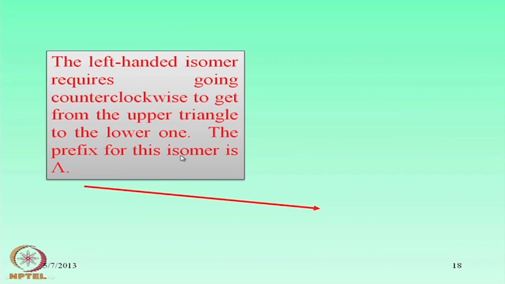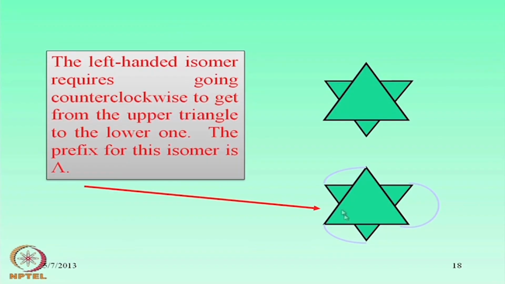The counterclockwise movement will be designated as the lambda isomer, compared to the delta isomer in the clockwise direction. So this is from top to bottom in counterclockwise direction, then again top to bottom in counterclockwise direction, and then again top to bottom face in counterclockwise direction.